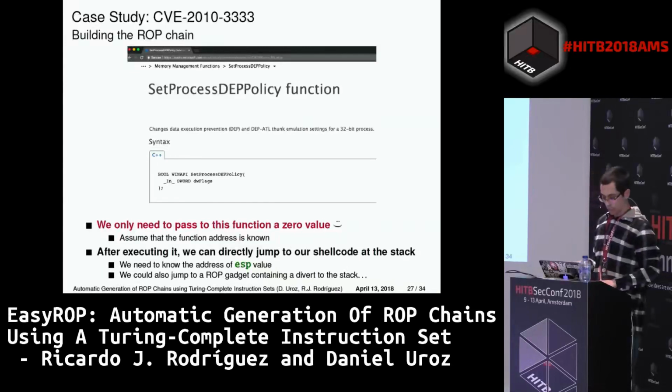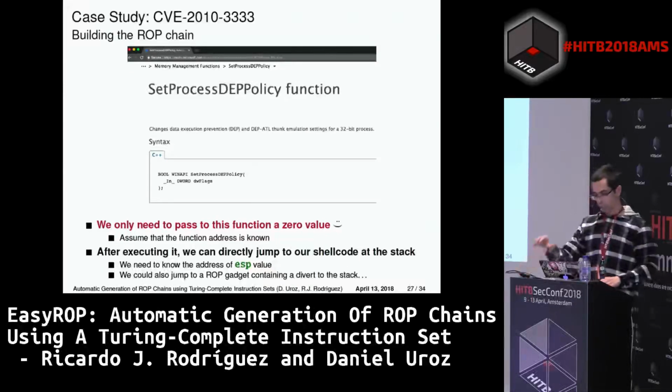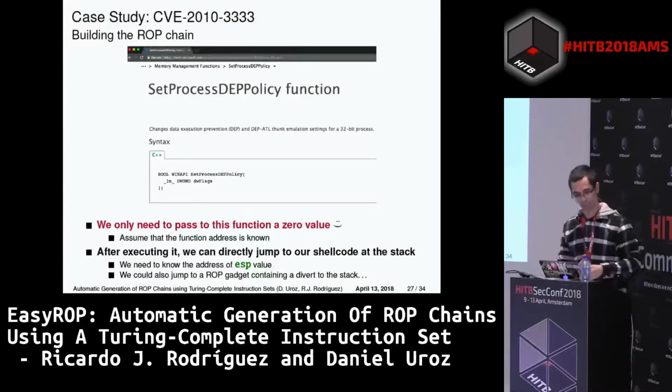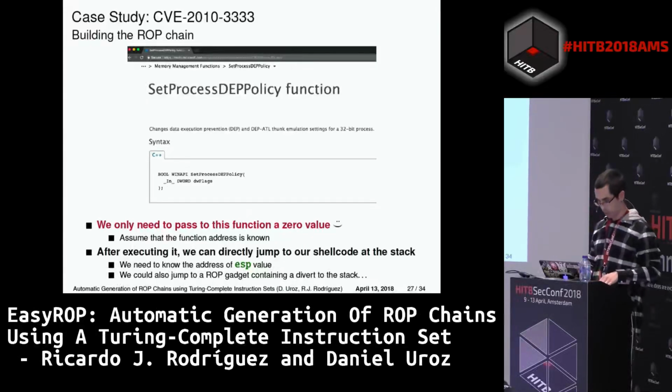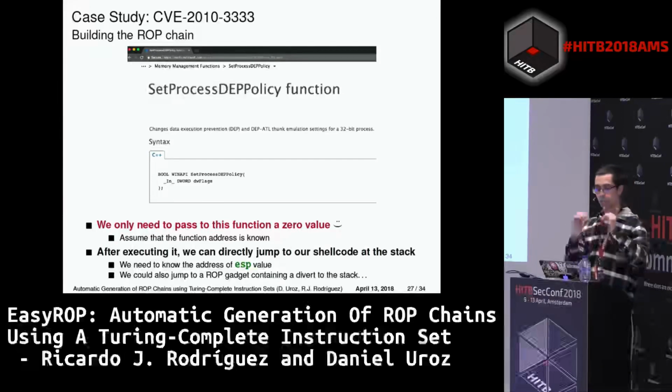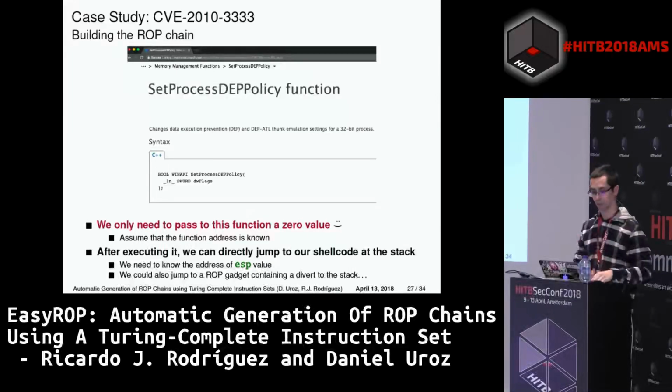Consider that we know the function address, because there is some other memory leak in the program, or we have some other kind of stuff running on the victim. So what we are going to do is build a shellcode to prepare the registers and call this function in order to disable the protection.